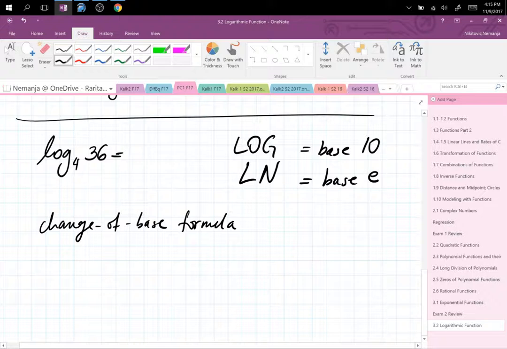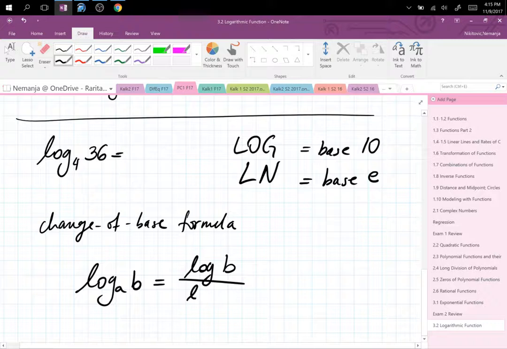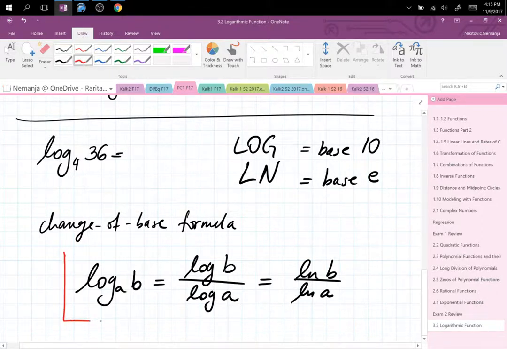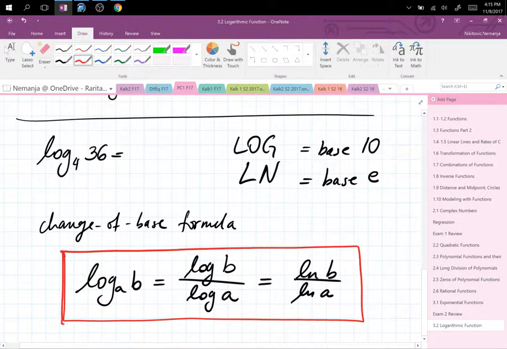Change of base formula says the following. If you have log base A of B, you can calculate log of B divided by log of A, or ln of B over ln of A. You can use any of the buttons. So this formula you learn specifically to be able to use a calculator.